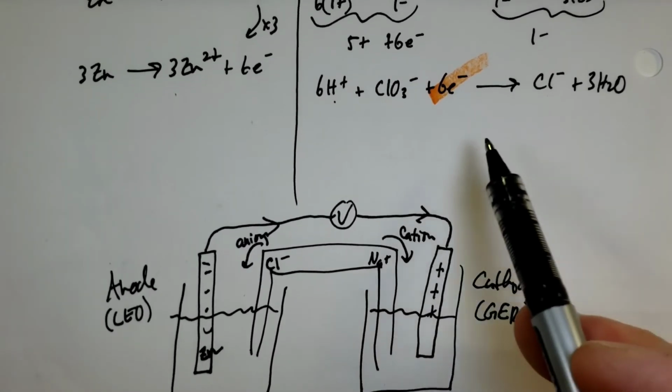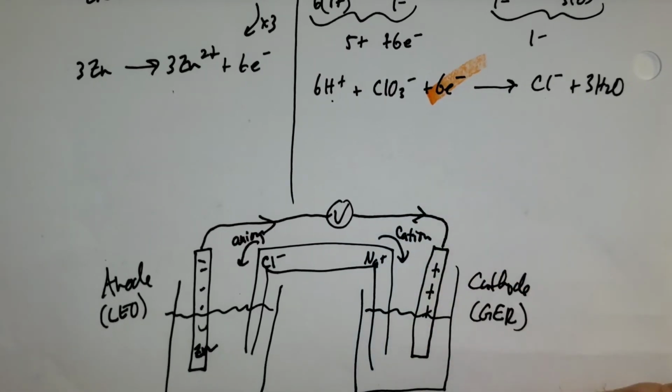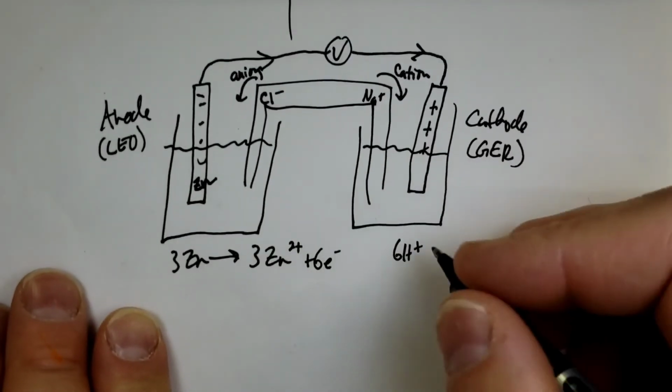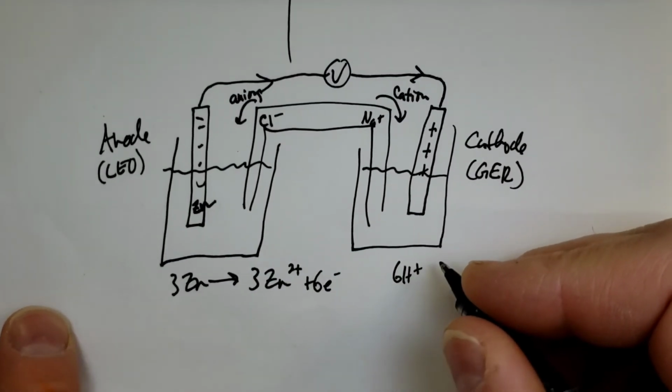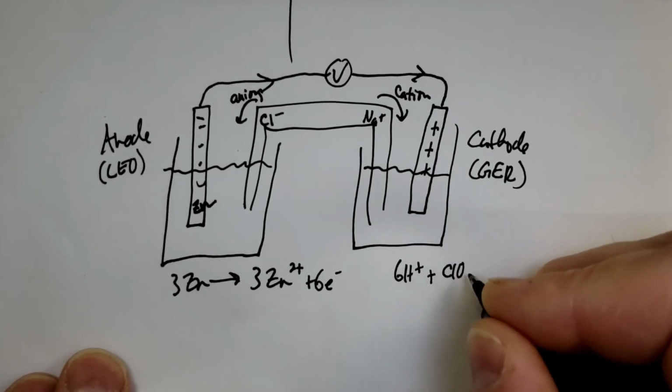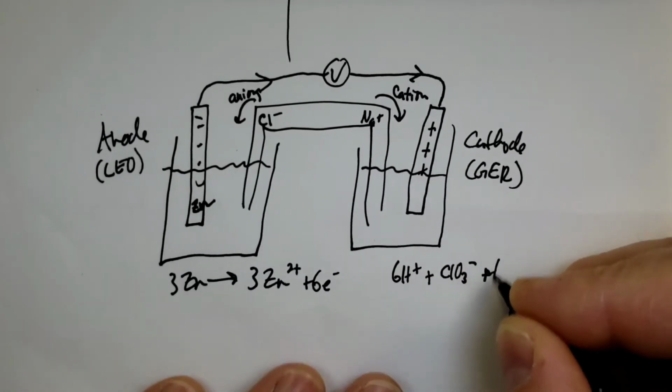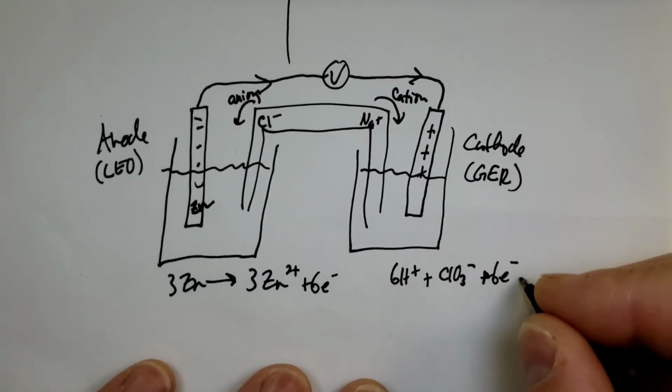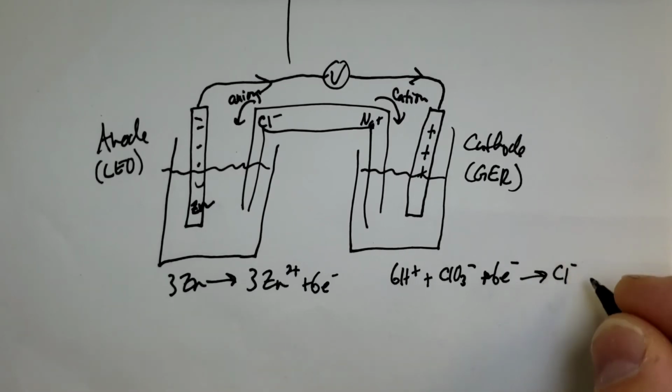And then over here on this side, I have this reaction happening. 6H pluses plus ClO3 negative, taking in 6 electrons to make Cl negative plus 3H2O.